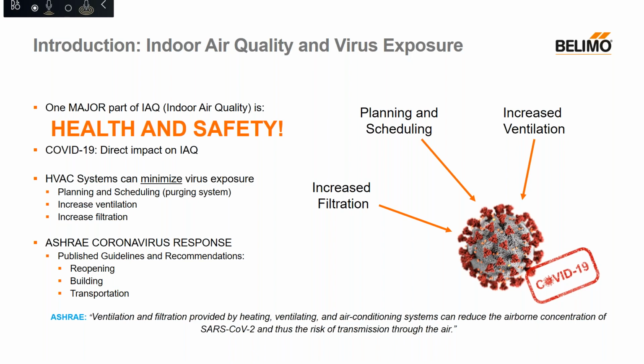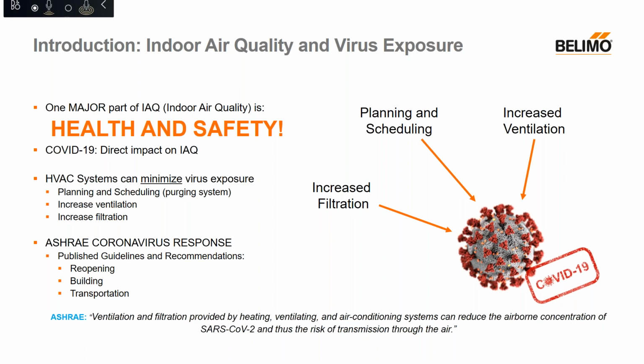COVID-19 and any other airborne viruses can be spread throughout a facility relatively quickly if the proper precautions are not taken seriously. Building automation systems can be upgraded and improved to mitigate the risk of spreading any airborne virus, which of course includes the COVID-19 that we're currently talking about.